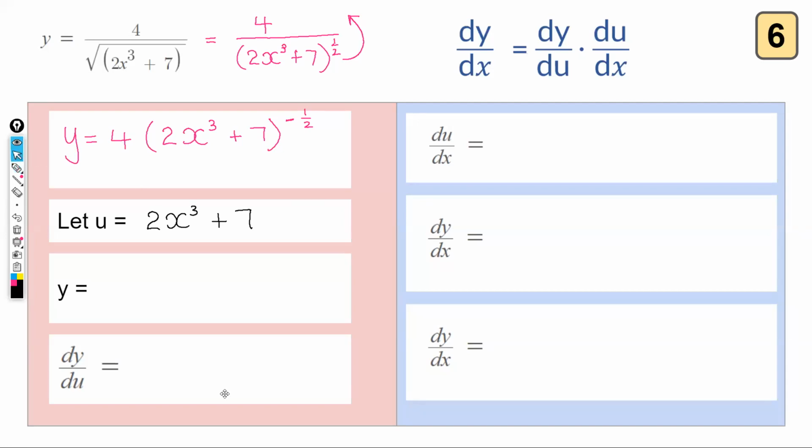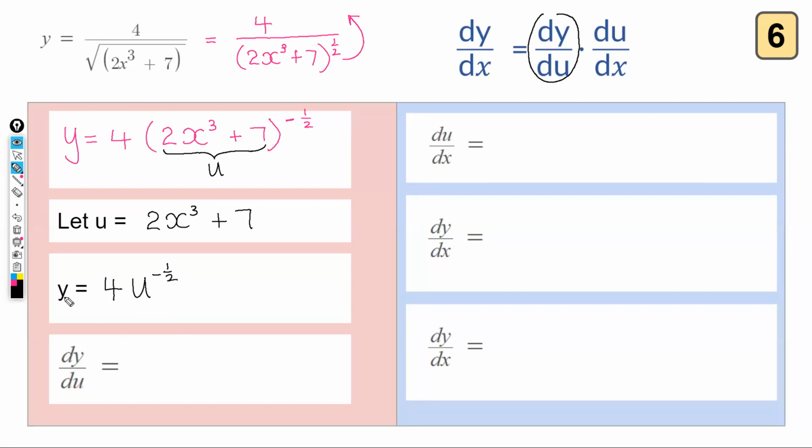Let me know when you are finished. So if we replace this middle section with the letter u, we will get 4u to the power minus a half. So we're going to find two things. We're going to try to find dy/du, which should be real easy.